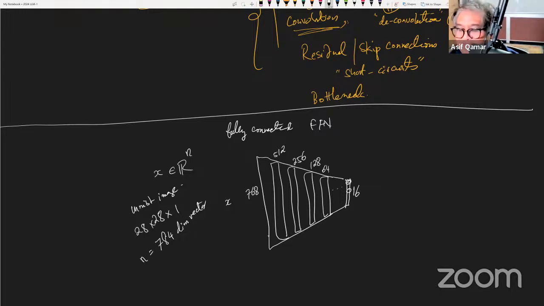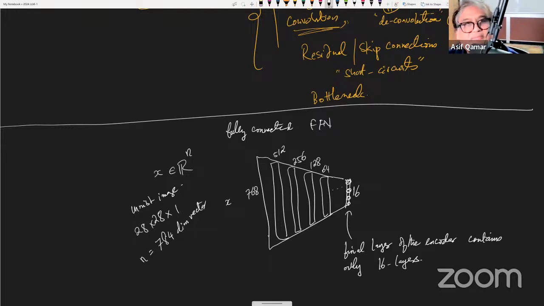So this final layer of the encoder contains only 16 neurons. Thank you for correcting me.